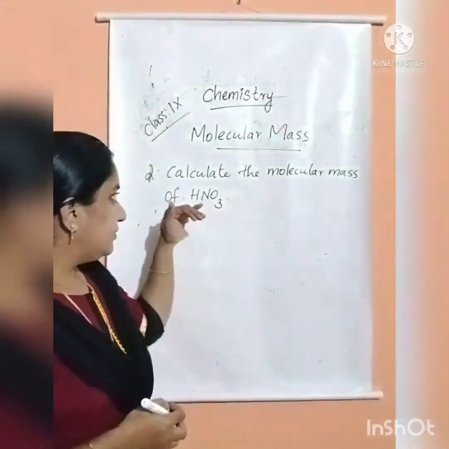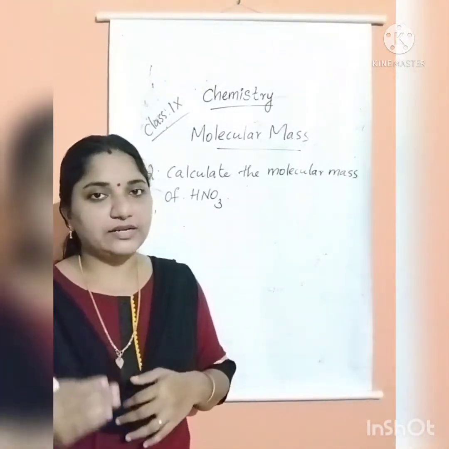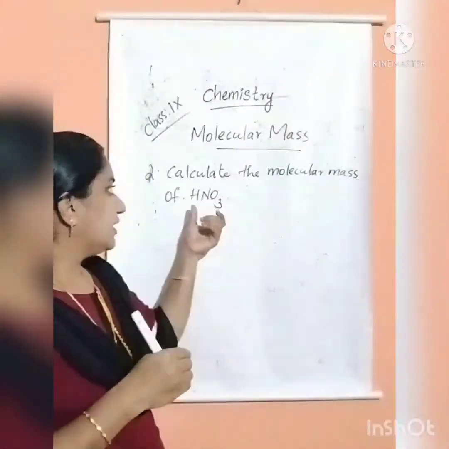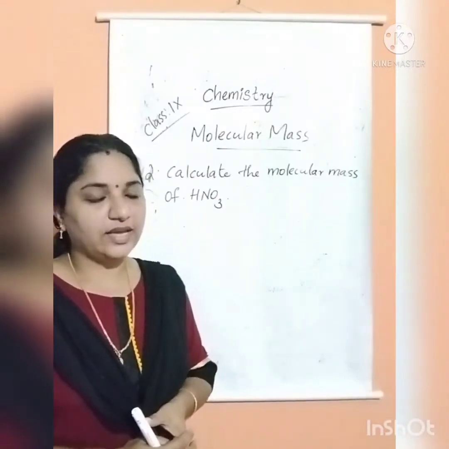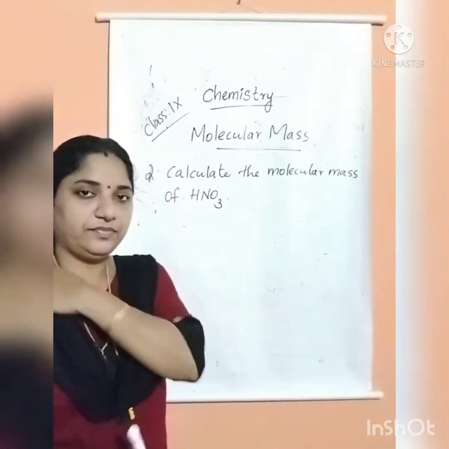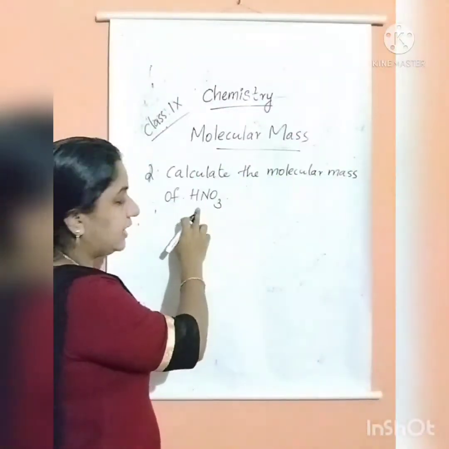With the help of the atomic masses of hydrogen, nitrogen and oxygen, we can calculate the molecular mass of nitric acid. Then what is the first step? Find the atomic masses of each atom.